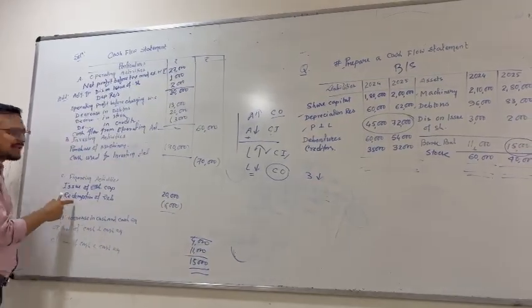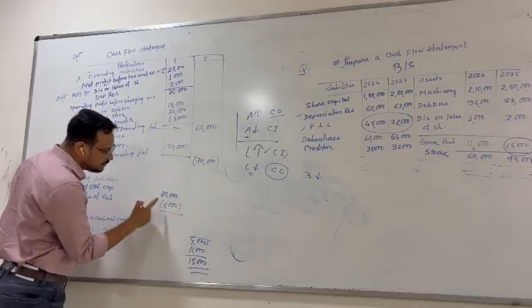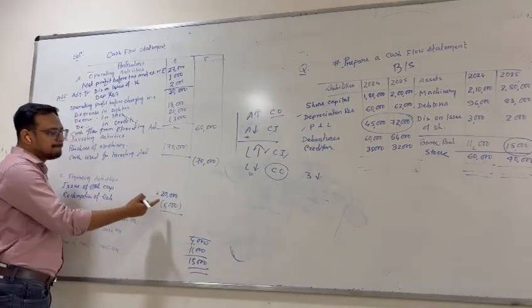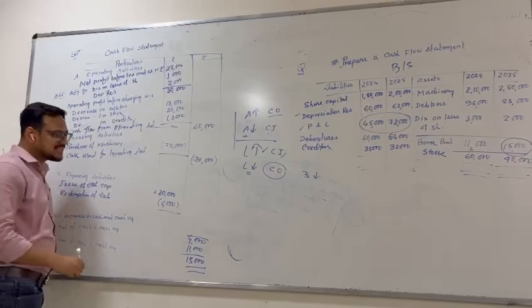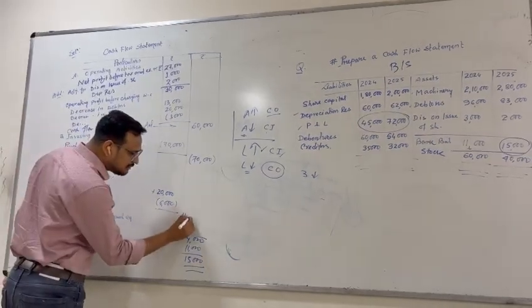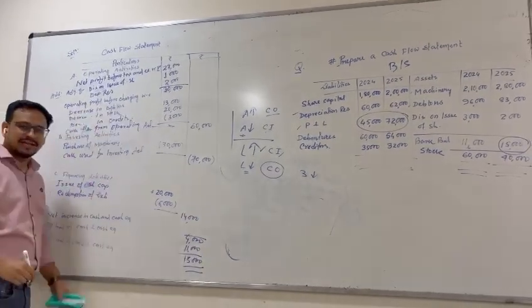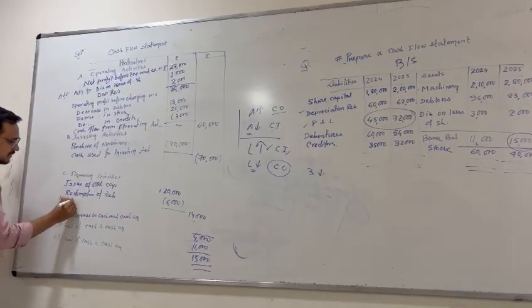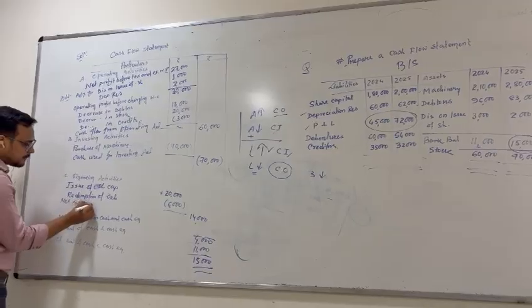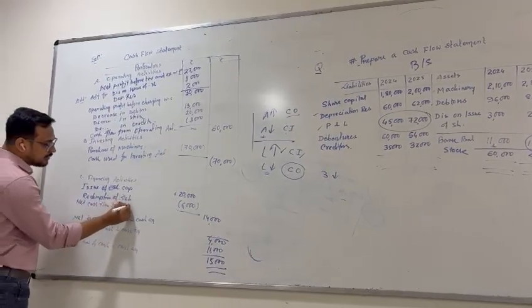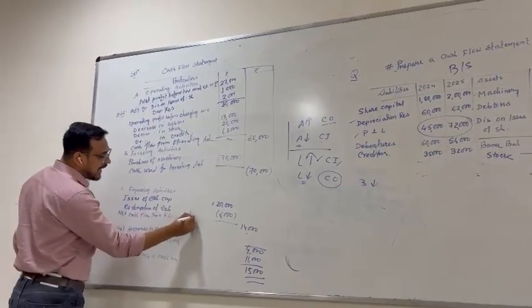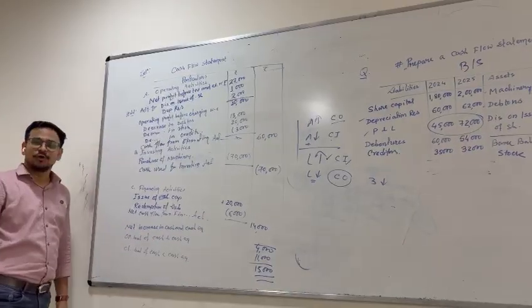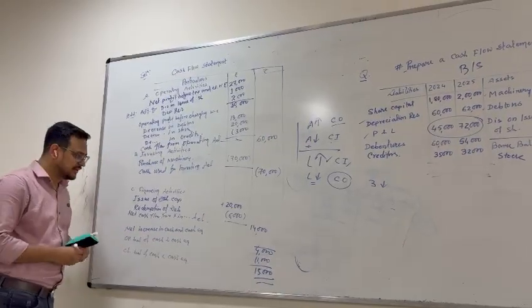Come to our financing activity. 20,000 plus minus 6,000. So what is the change? 14,000 plus, net increase. So you write net cash flow from financing activity.